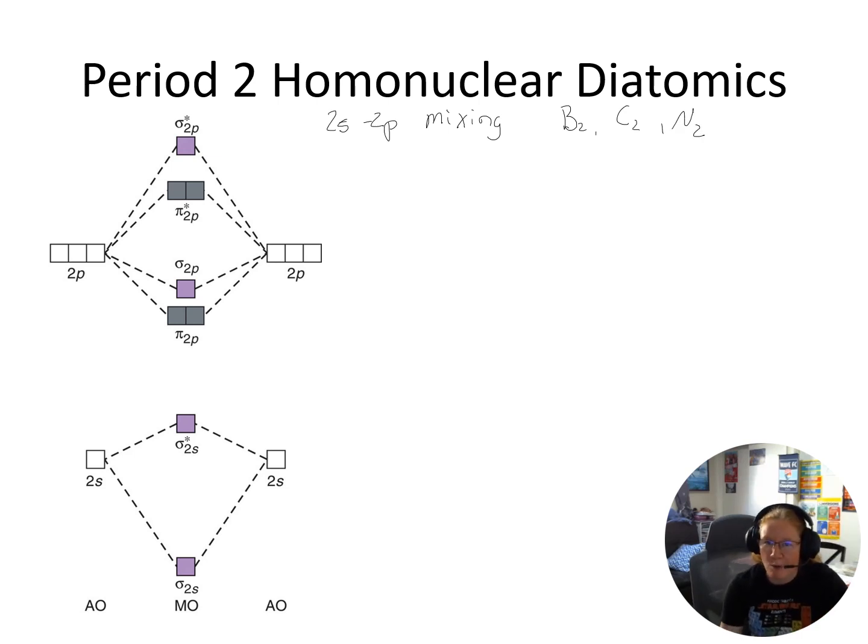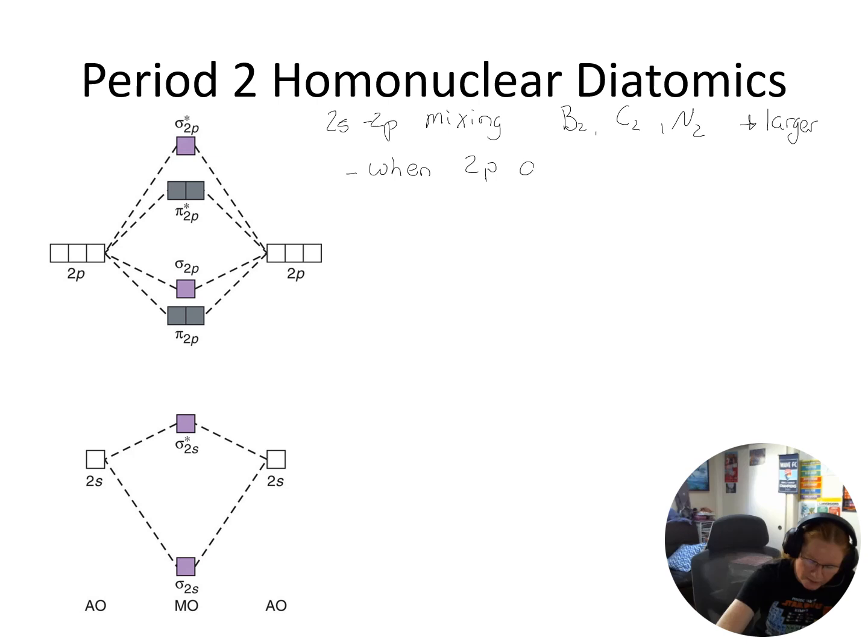These are homonuclear diatomics; remember, we're dealing with 2 things that are the same. These guys are larger, and so when the 2p atomic orbitals are half full, repulsions are relatively small.